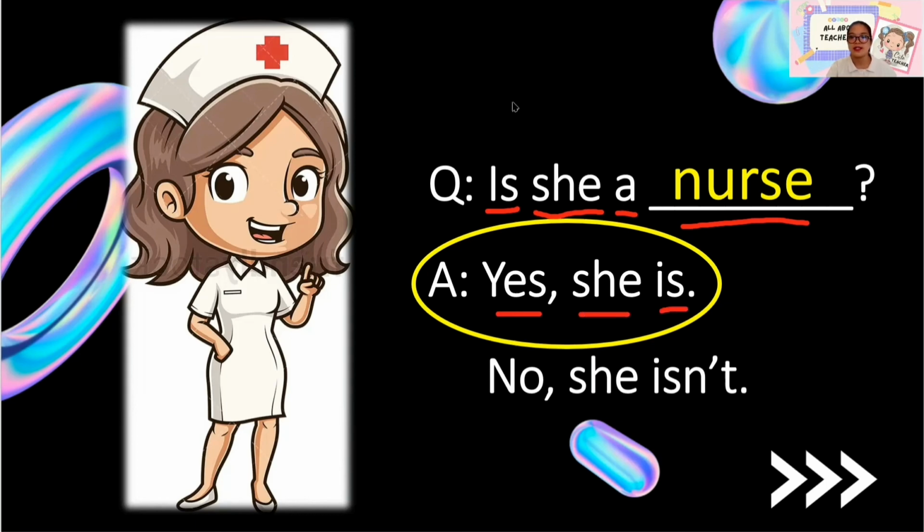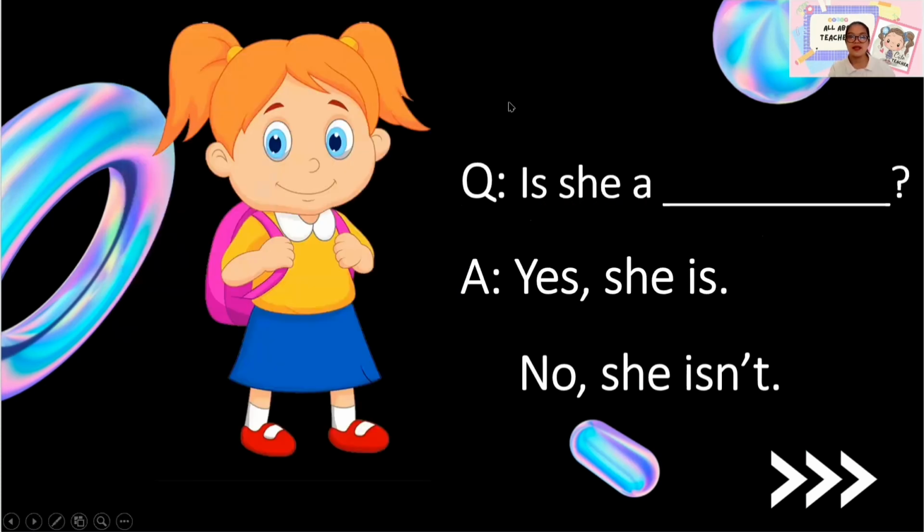Now, I want you guys to read this one by yourself. Let's begin here with the question. Perfect. And the answer is, very good. Now, let's proceed with our last example. How about this one?